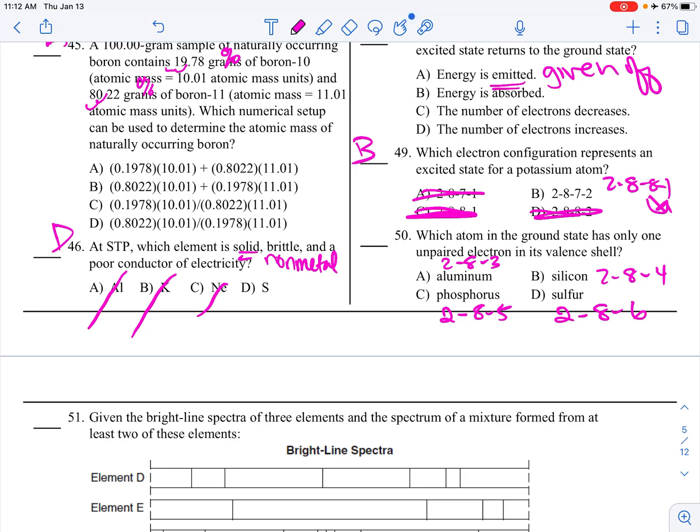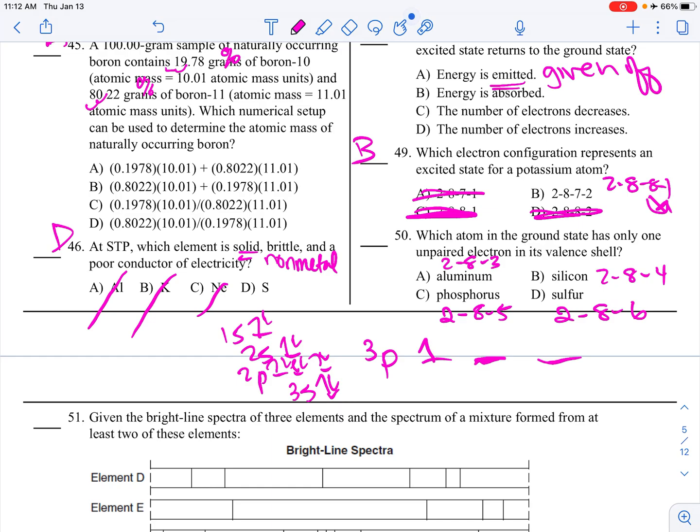But what if we did an orbital diagram? So this is all the 3p. We're going to pretend we just start there. So aluminum, we've got just the 1 because we've already done 1s2, 2s2, 2p6, 3s2. We've already done that.